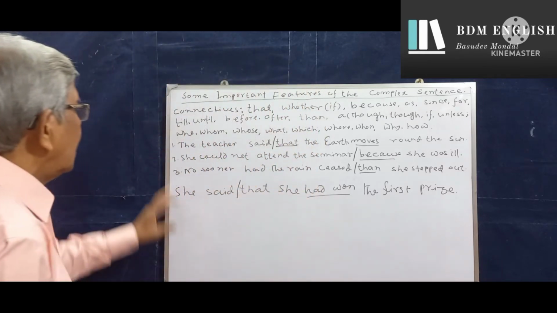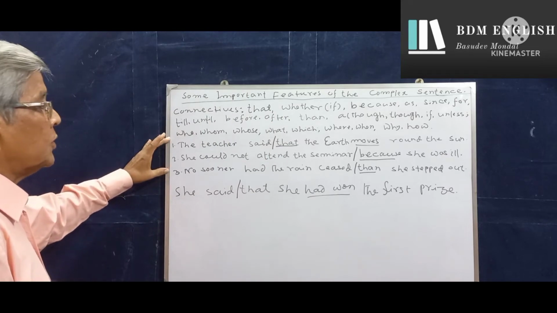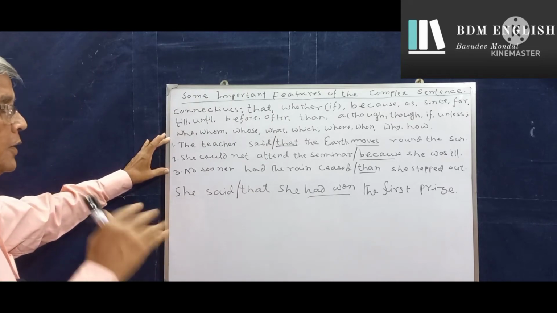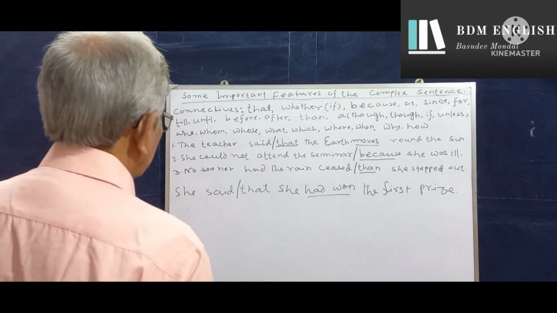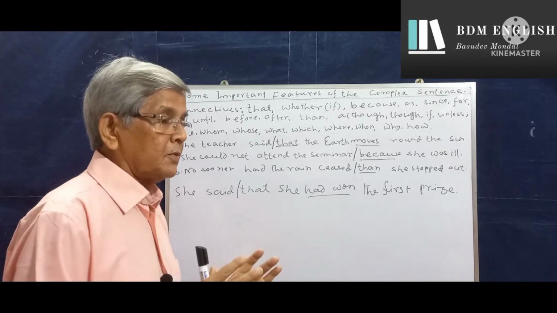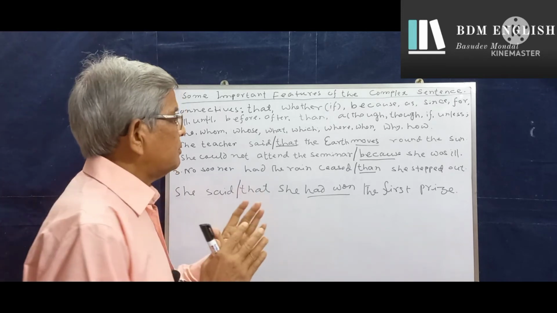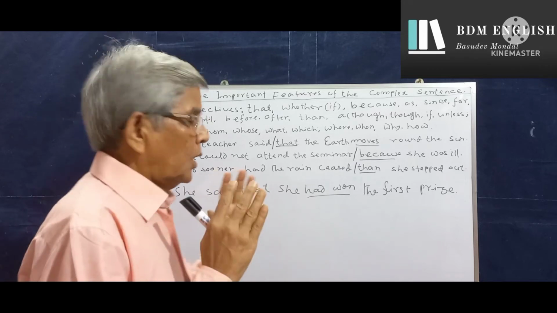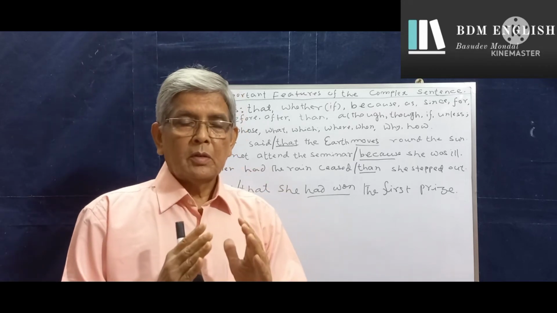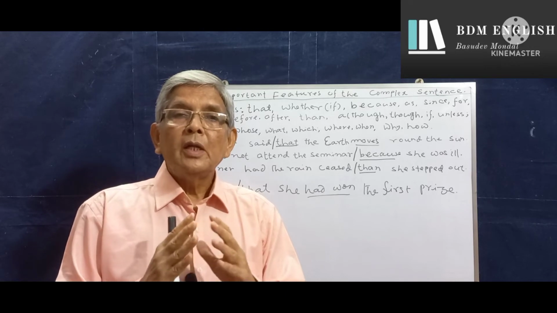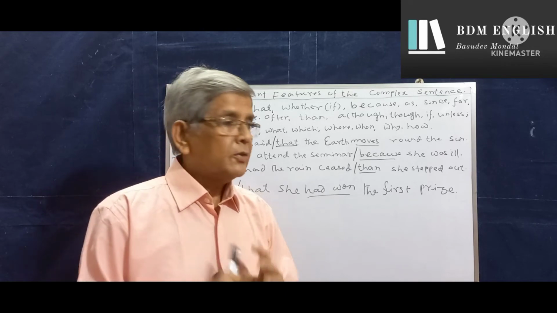So these are important features, important grammar points regarding the complex sentence. They are important in themselves because we must master them to make and use correct complex sentences in our conversation and writing.